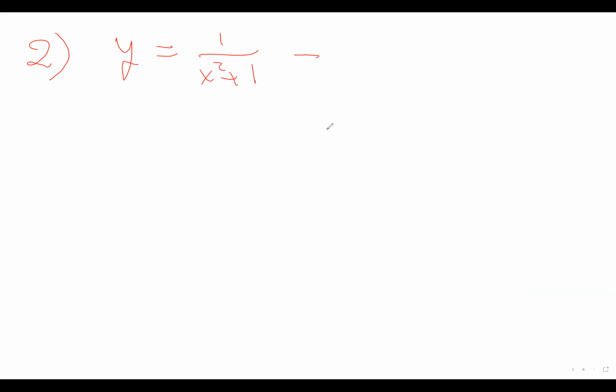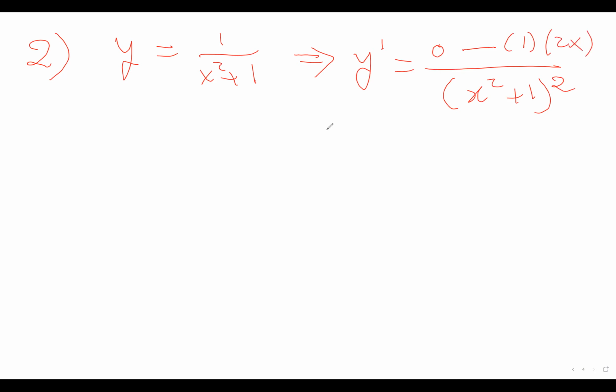So y prime is equal to (x squared plus 1) squared in the denominator. And then in the numerator, I will have the derivative of 1, which is 0, so 0 times anything is 0, then minus 1 times the derivative of x squared plus 1, that is 2x. So in total, I will have minus 2x over (x squared plus 1) squared.